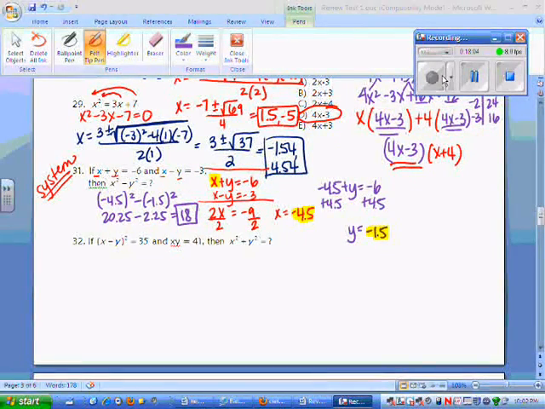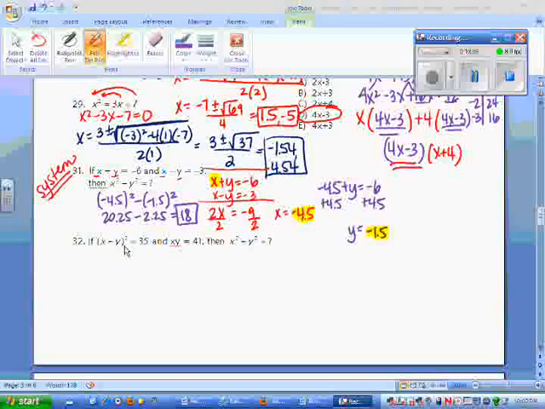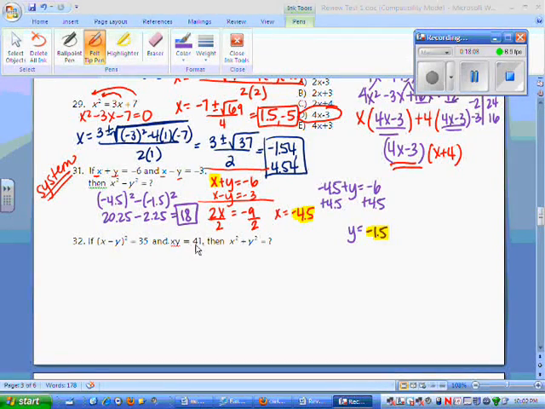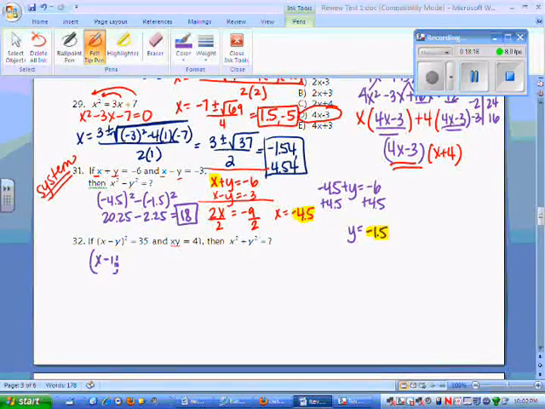Alright, number 32. We have x minus y, quantity squared, equals 35, xy is 41, then x squared plus y squared. Okay, this one's kind of tricky. Remember, in algebra, if you have x minus y squared, you cannot distribute like this. That would be wrong. What you have to do is FOIL. So remember, FOIL makes that smiley face.